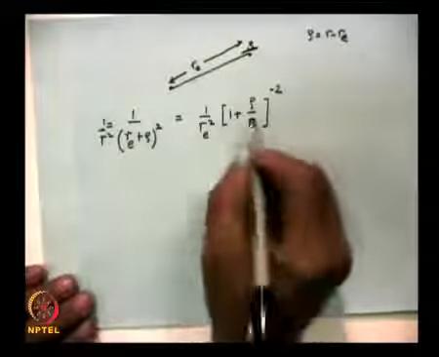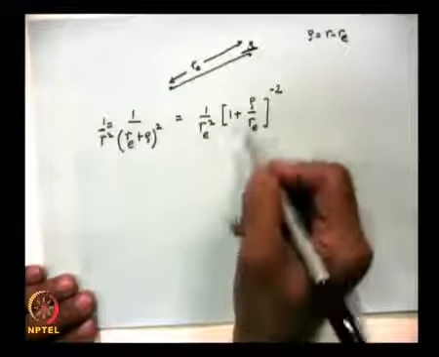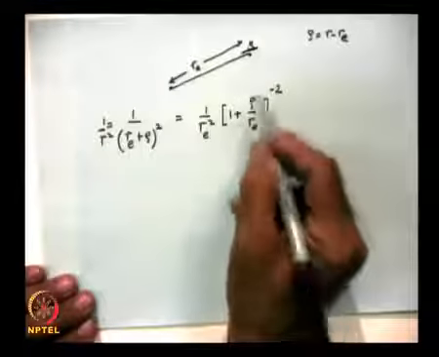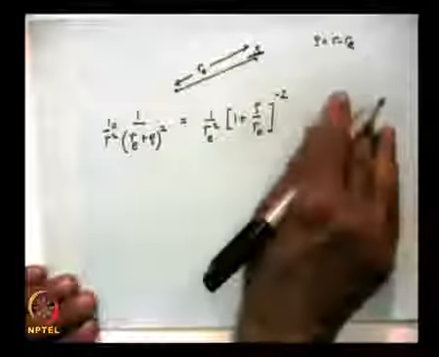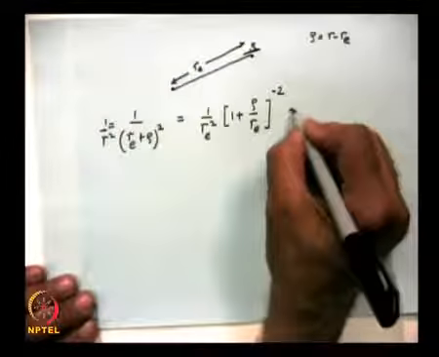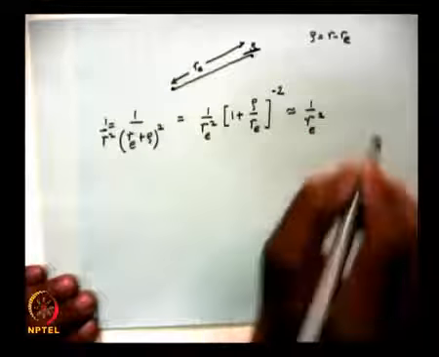I can actually make a binomial expansion and I can still obtain the solutions, and one can show that the effect of this term is very, very small. So, as a first approximation, if rho is very small, I replace this by 1 over Re square, which is a constant.